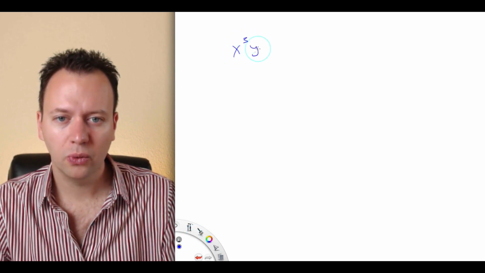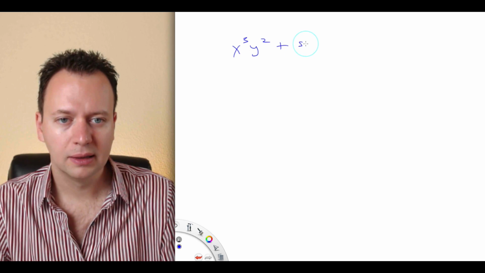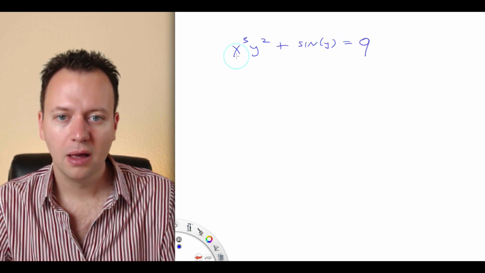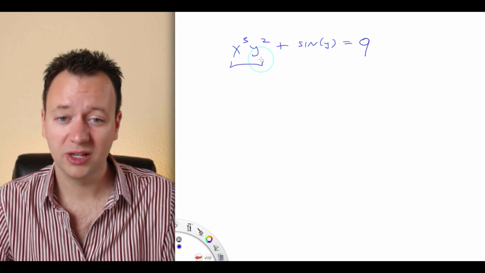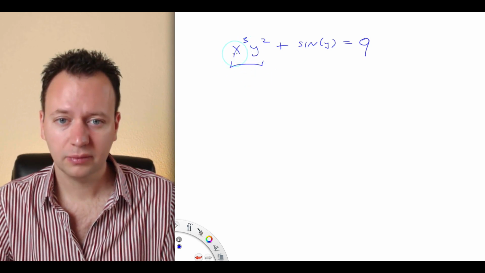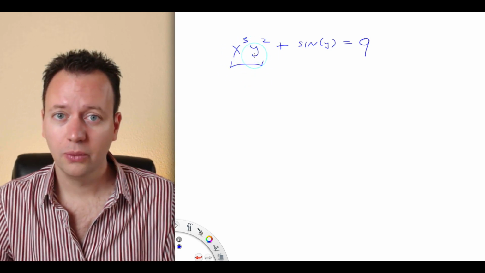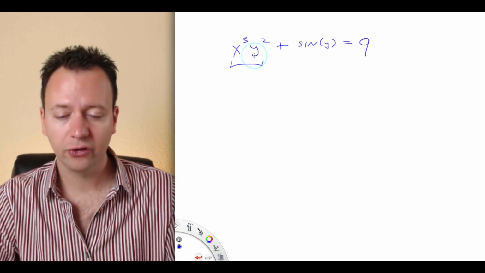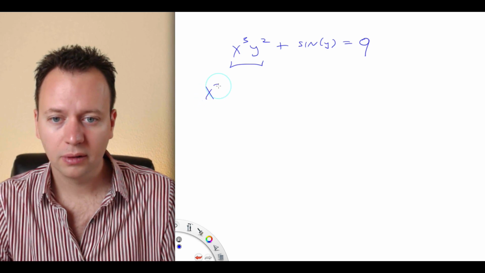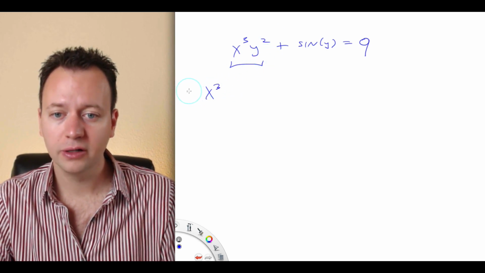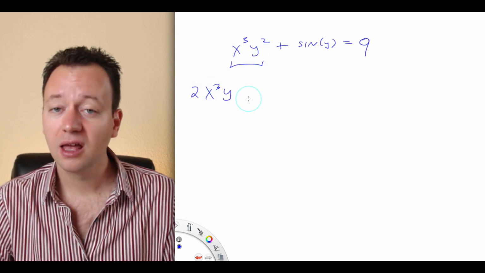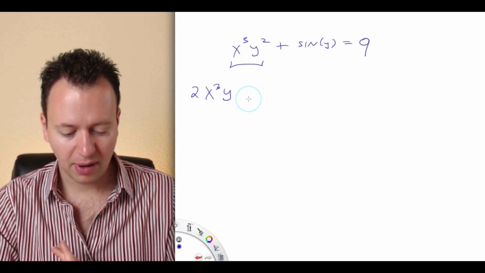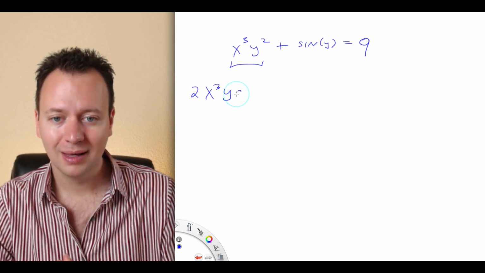x cubed y squared plus sine of y is equal to 9. Okay, so here it's a little bit tricky because we have to use the product rule. The differential of this, we have to do first times the derivative of the second plus the second times the derivative of the first. So we get x cubed, derivative of y squared is going to be 2y, and I'm taking the derivative of y squared with respect to y and then correcting by multiplying by the differential dy.